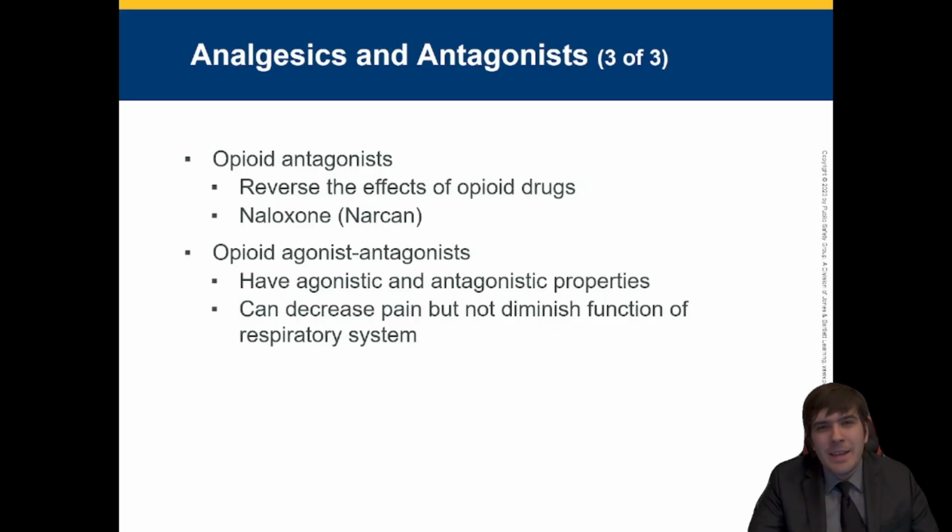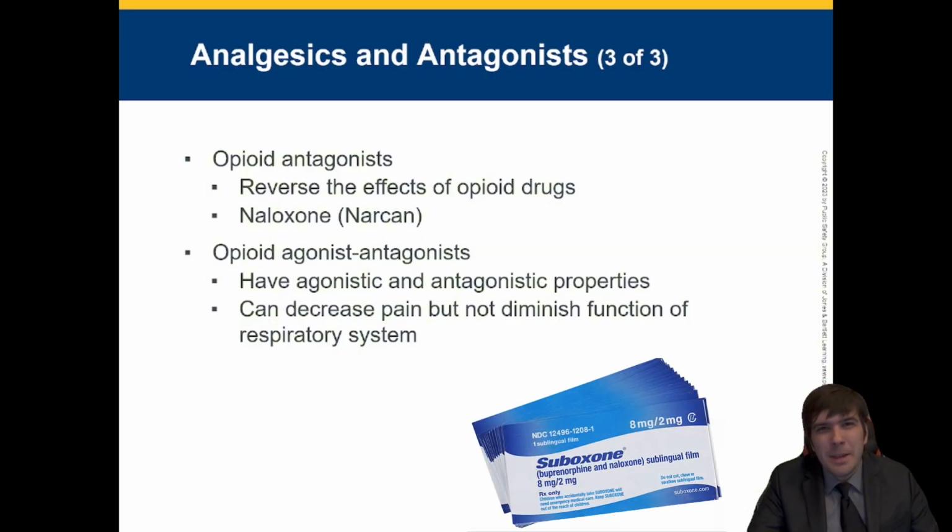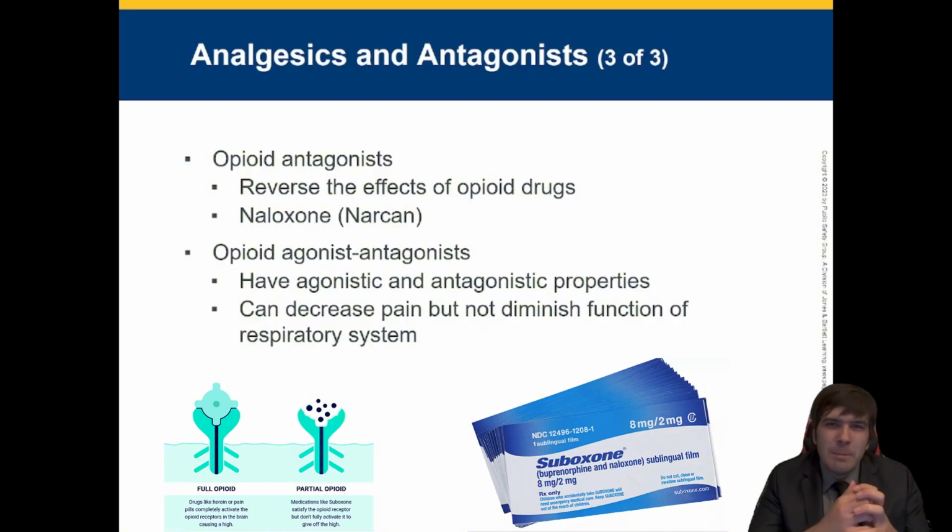Opioid agonist-antagonists are very interesting. A lot of you may have heard of Suboxone at this point. It's a medication they give those who are trying to get off opiates because it has agonistic and antagonistic properties. It can decrease pain but not diminish the function of the respiratory system. The way it works is it partially acts on these receptors, so it provides some of the pain relief, but it has a ceiling.